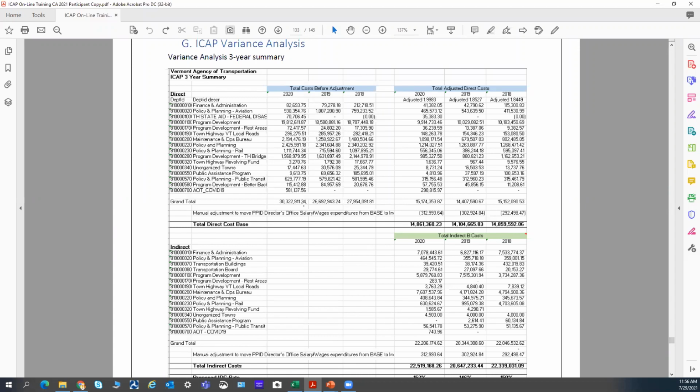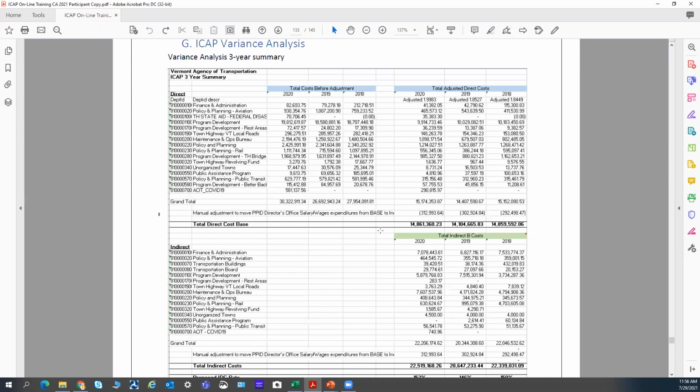A couple of things here I wanted to note, and you'll see this in other areas. Manual adjustment to move the director's office salary, wages, expenditures from the base. So under direct salaries and wages, the director's office, because it's a charge, but it's not a direct charge.